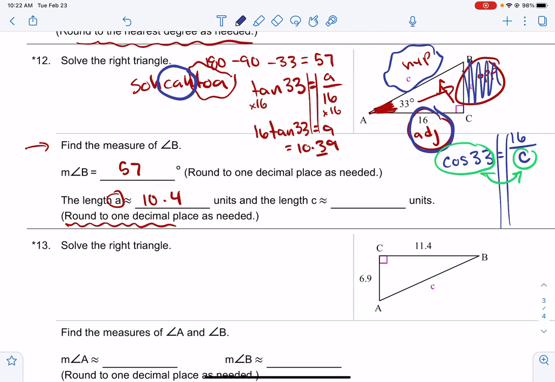So instead of cosine 33 on the left, I'm going to put the C there, and the 16 stays on top, but instead of C on the bottom, I'm going to move the cosine 33 to the bottom. So C is equal to 16 divided by the cosine of 33.